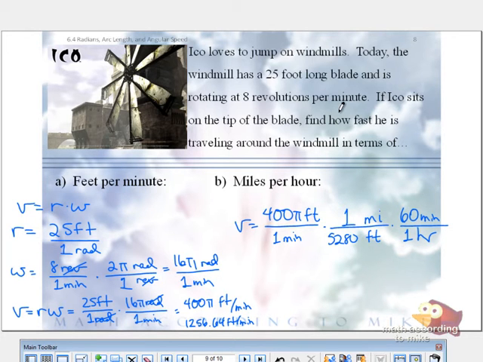So feet cancel. Minutes cancel. What I suggest you do is multiply across through the top. So we'll have 24,000 pi miles, right? Divided by 5280 hours.